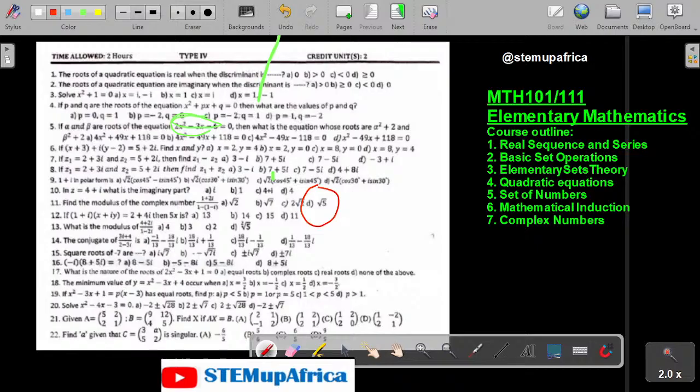So let's look at question 12. It's also a complex number. It says if (1 plus i)(x plus iy) equals 2 plus 4i, then 5x is what? So let's first of all expand the bracket given to us, and arrange the real number and the imaginary number to each other.